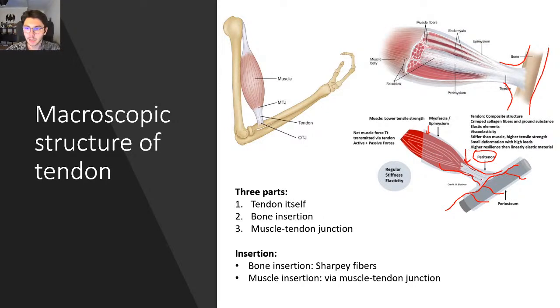But back to the link. The periosteum, it's connective tissue. Think about it as a wrapper, like a plastic bag around it. But within the plastic bag, you have all these nutrients, all these blood vessels which help regenerate the tissue. But the blood vessels do not go through the tendon, which is why the tendon is quite avascular, especially when you get older.